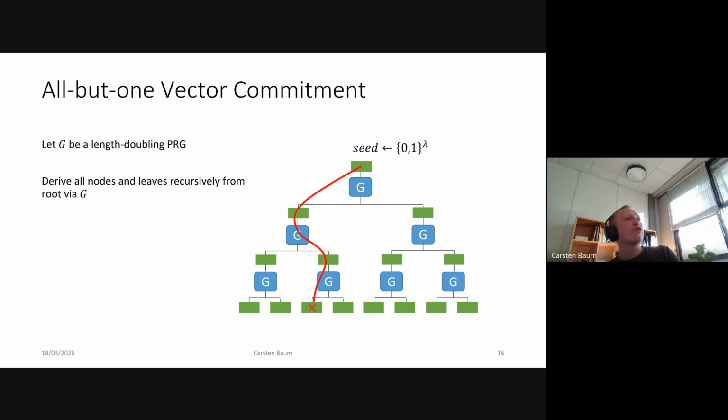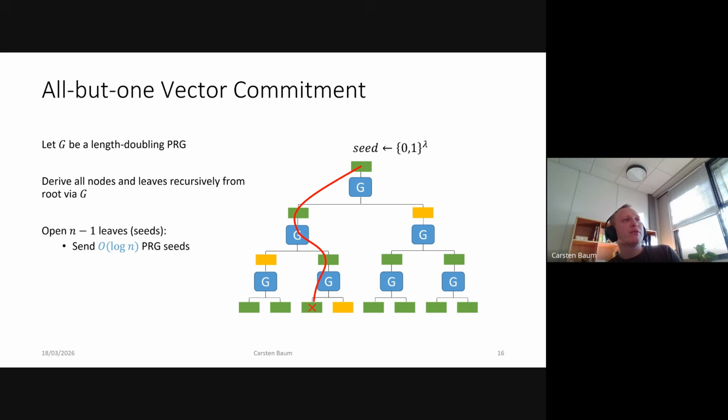And then how do I open all but one of those values? If somebody wants to give you all of these PRG seeds except for one, well, you can look at the path from delta to the top that generated everything, and you now simply reveal all those intermediate nodes on the tree that are on the co-path of this.